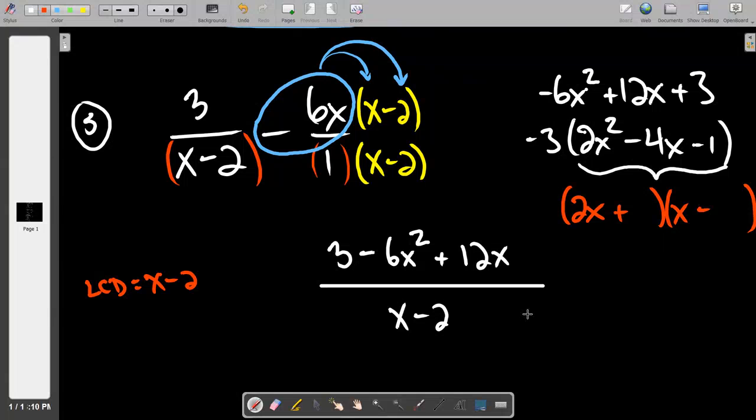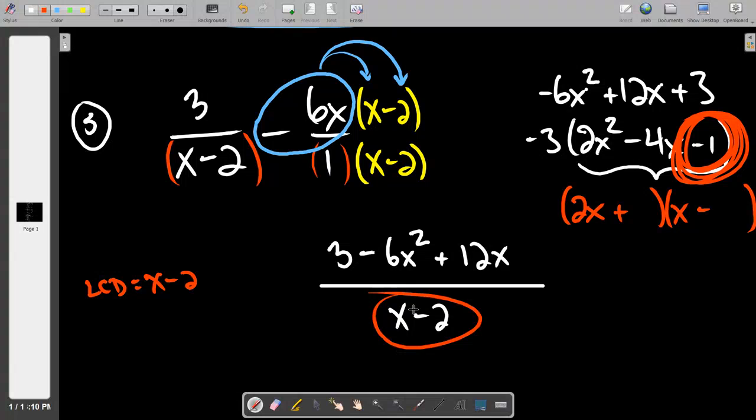And what do the numbers in the back have to multiply to make? Right here, a 1. Is there any way in God's green earth that, even if I could factor the top, either of the factors would match an x minus 2? So again, even if it could be factored, I don't care because it's not going to give me something to cancel. So what's the point? I hope that makes sense.